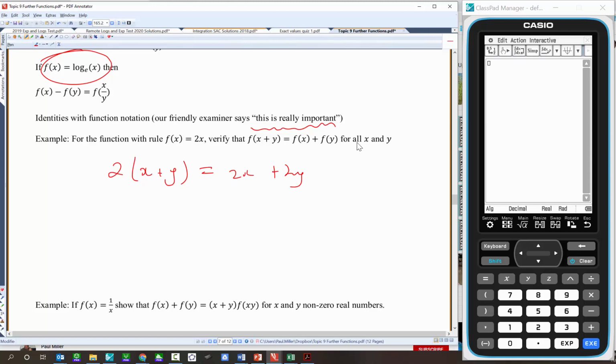Now verify that they are the same. I'm going to expand the left-hand side, and I've got 2x plus 2y, which is the same as 2x plus 2y, as required. So this identity holds true for f(x) equals 2x.